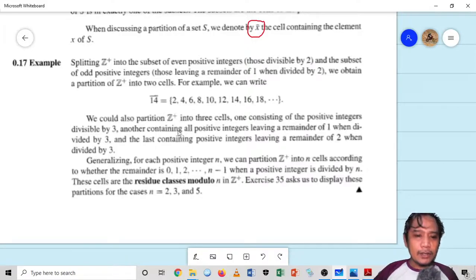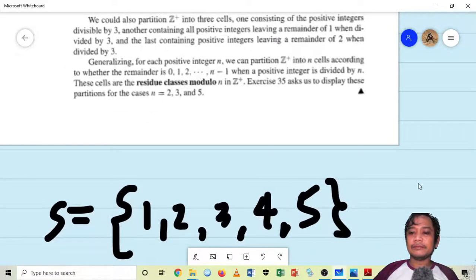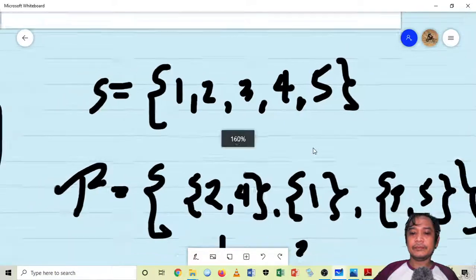Okay, also we could partition the set of positive integers into 3 cells. First, the cell that contains integers exactly divisible by 3. Then those that would leave a remainder 1 when divided by 3, and those that would leave a remainder 2 when divided by 3. Okay? Let me illustrate that for you.